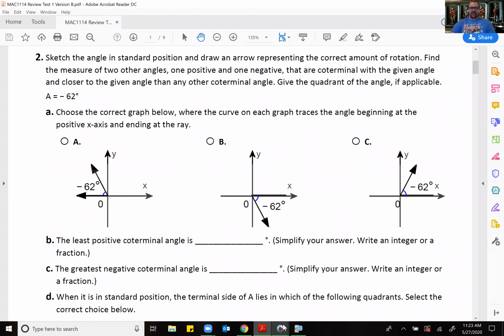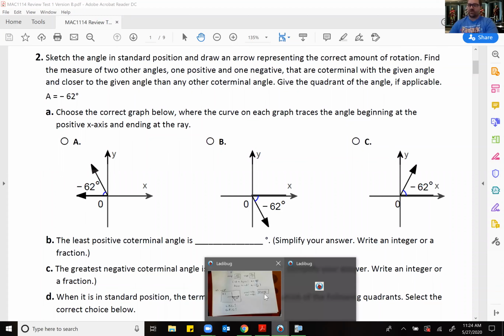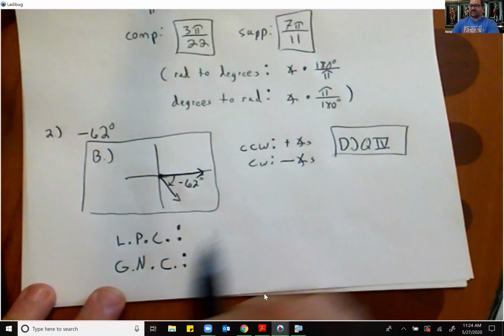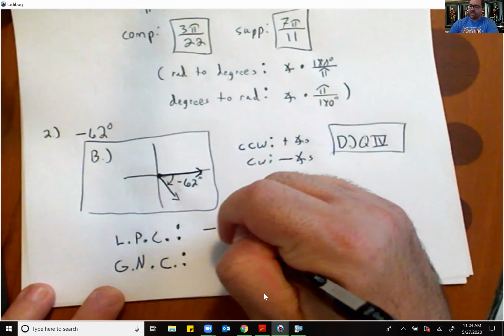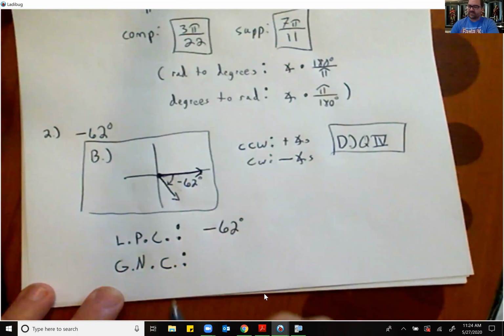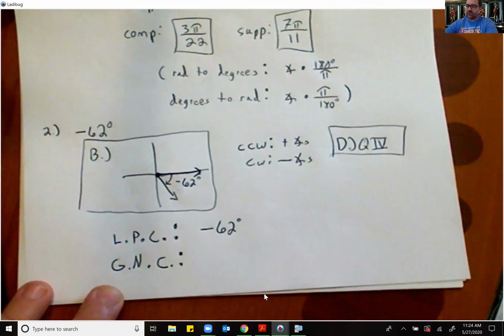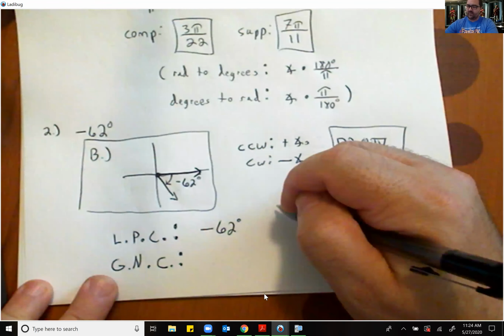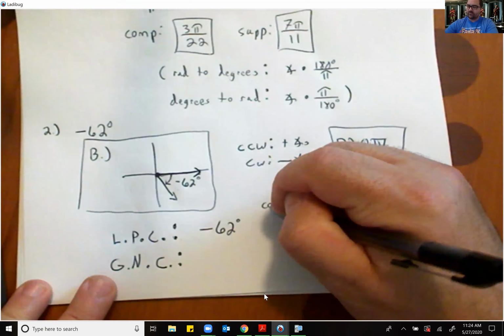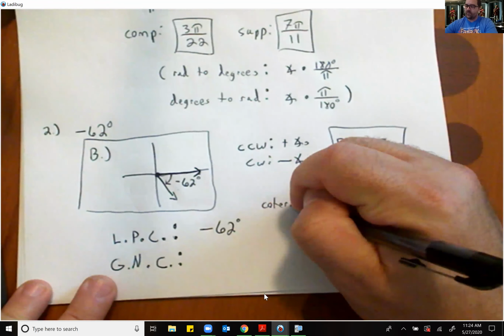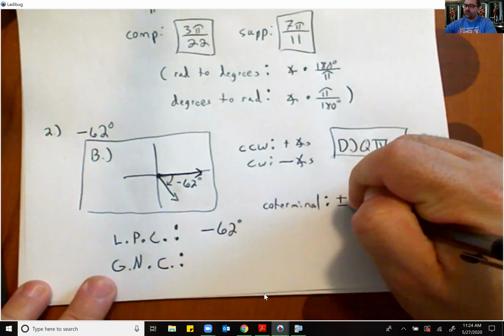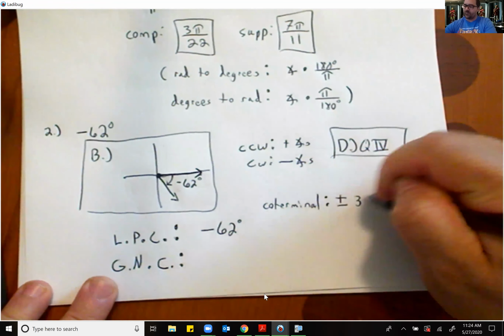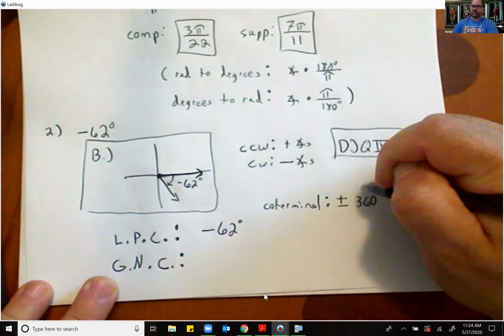All right, so let's talk about our next 2 answers. To get the least positive, we're going to take negative 62 degrees, and coterminal means add or subtract 360 degrees, or if it's in radians, 2 pi.